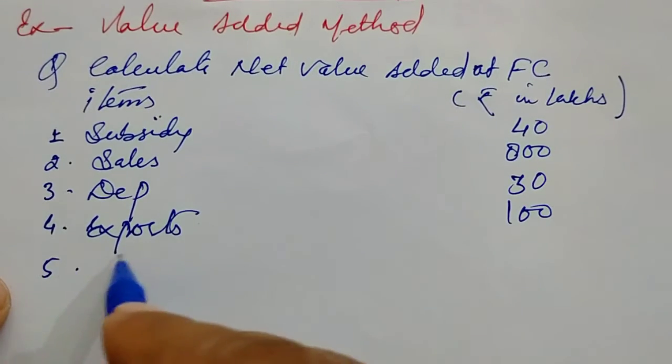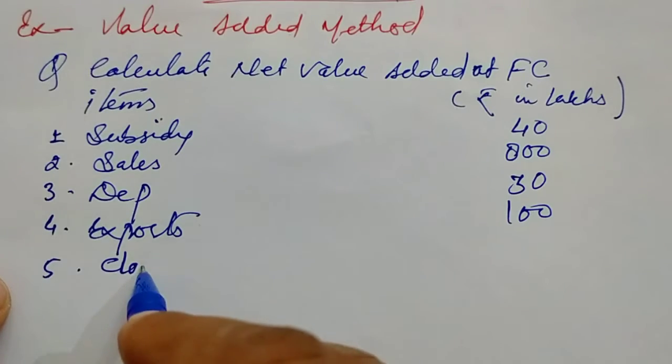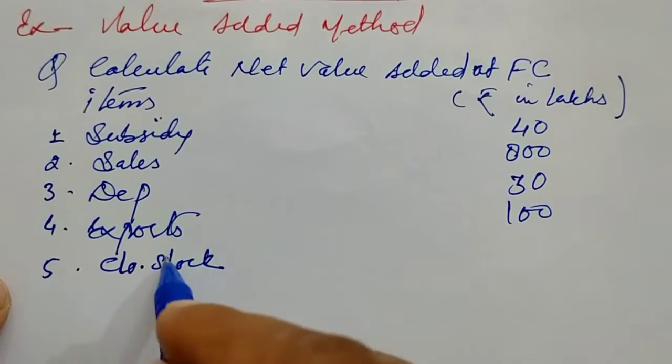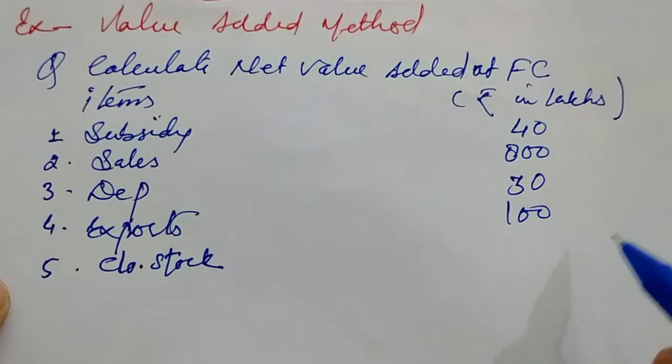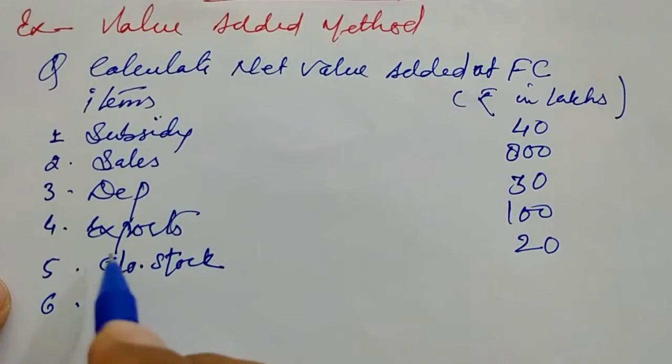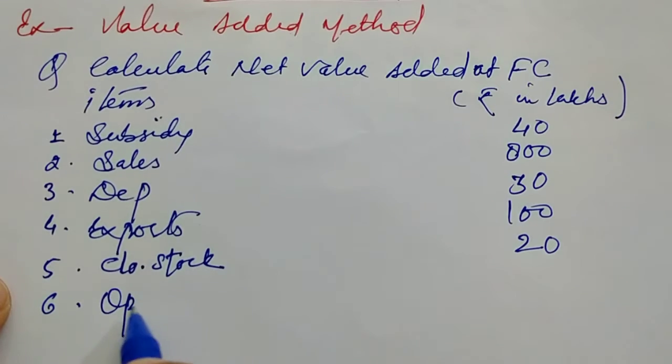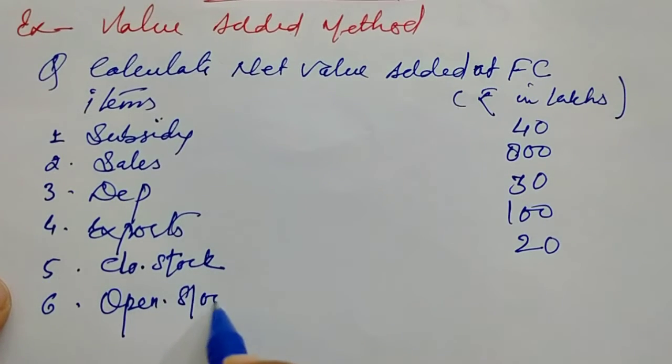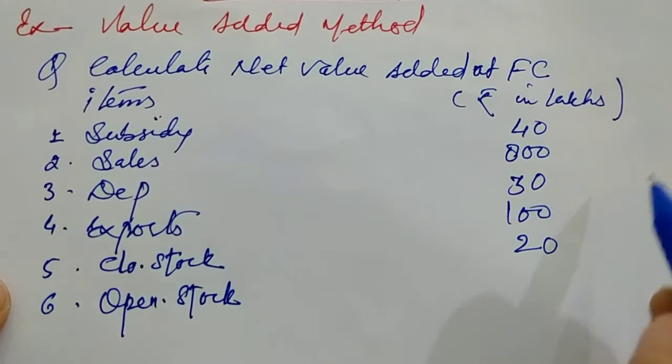And fifth I am taking closing stock. Amount is 20. And sixth I am taking opening stock. Amount I am taking 50.